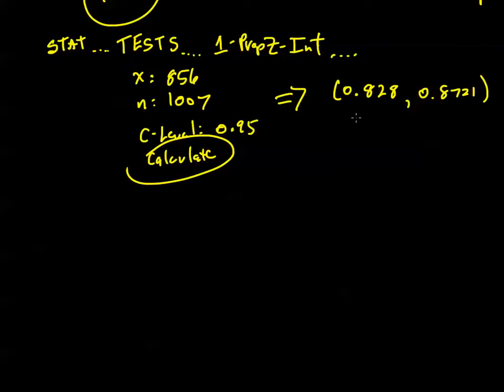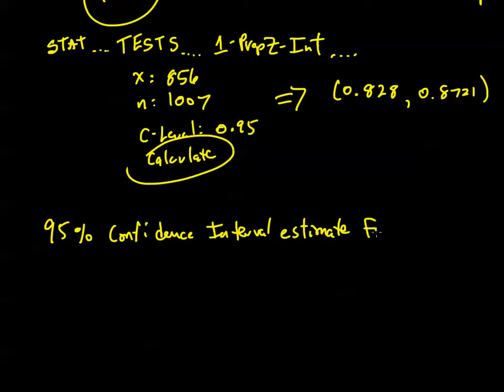Let me write this down here again. I'll say that my 95% confidence interval estimate for p, the population proportion of people worldwide that recognize Twitter.